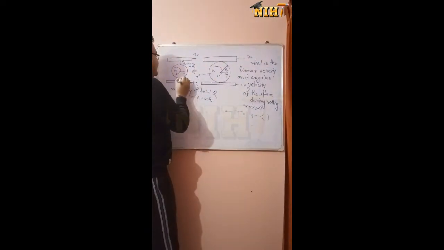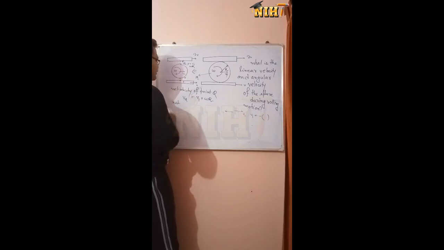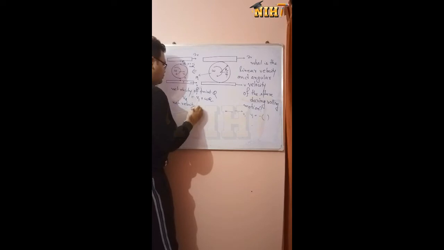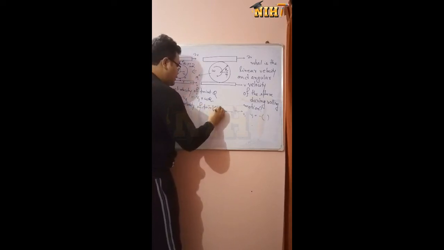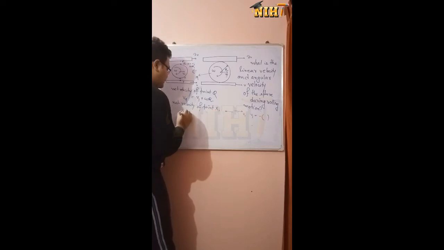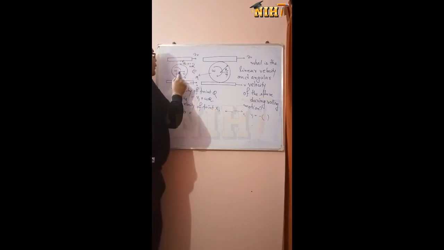So that means again, what will be the net velocity of x? Again I have to find the velocity of x. Net velocity of point x. Let's take it as Vx. The velocity of the center of mass is v1 in this direction.